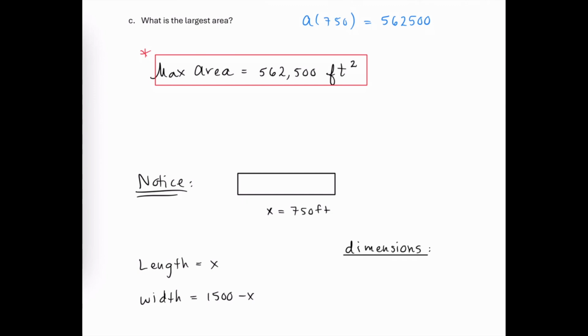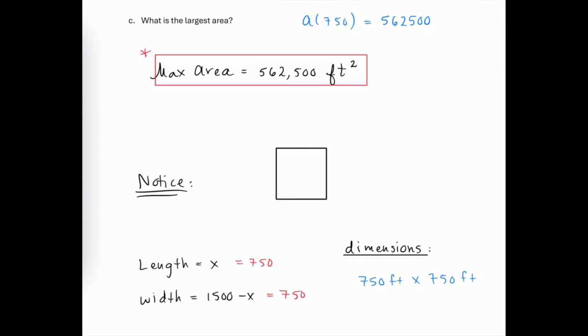So in order to find the dimensions of the rectangle, we would look at the width quantity being 1,500 minus x, and if we plug 750 in for that x quantity here, we'll see that the width is also 750. 750 is the length, but it also turns out to be the width, which means that the dimensions are 750 feet by 750 feet, and this rectangle turns out to be the special case that's actually a square.